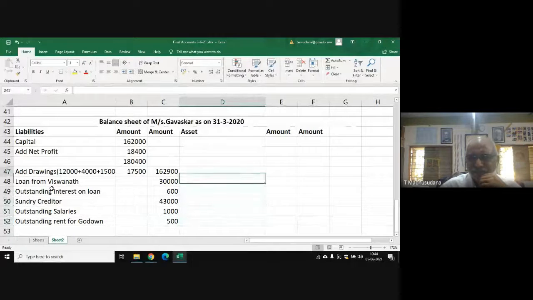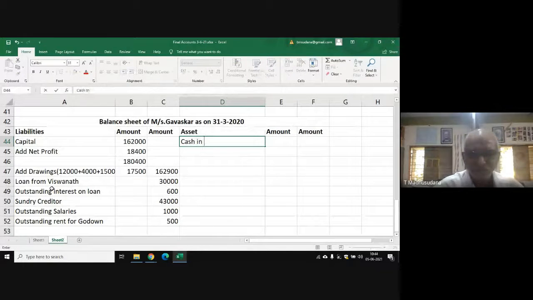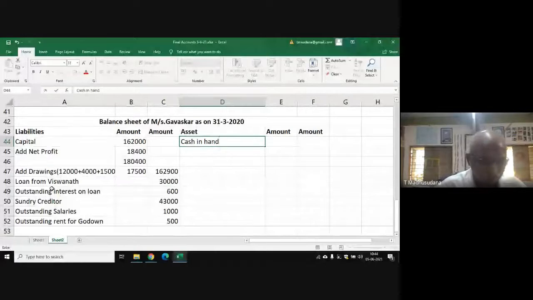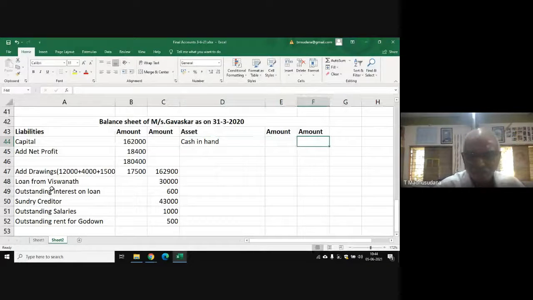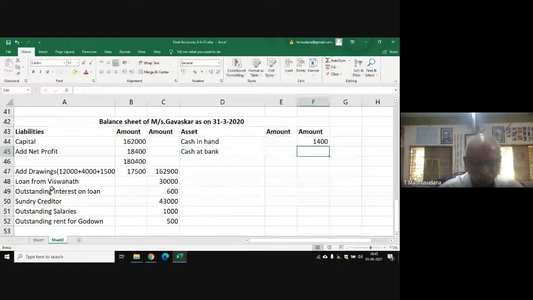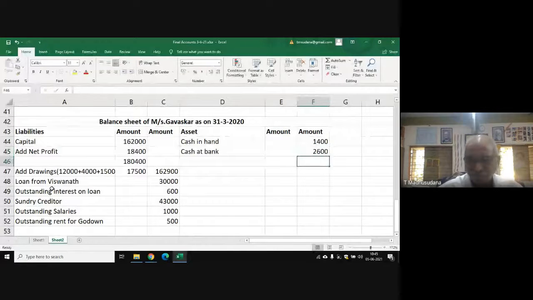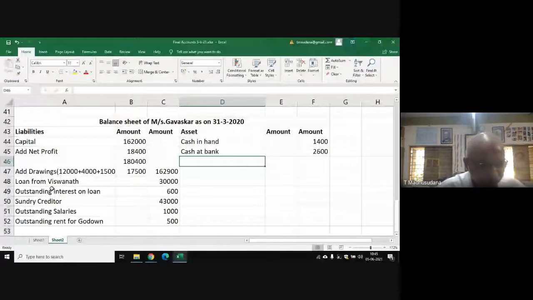Next, assets. On the asset side, cash in hand, 1,400. Next, cash at bank, 2,600. Next, prepaid insurance.